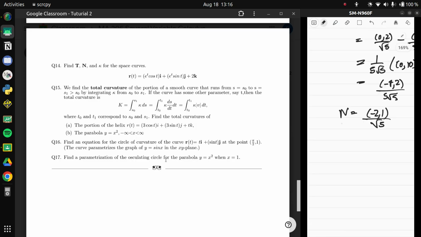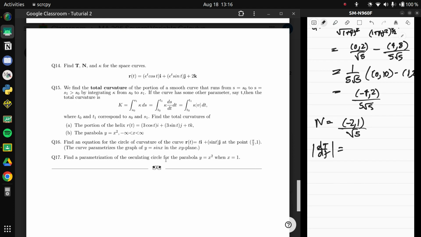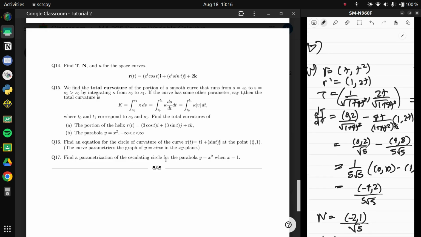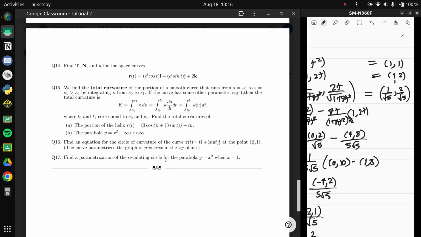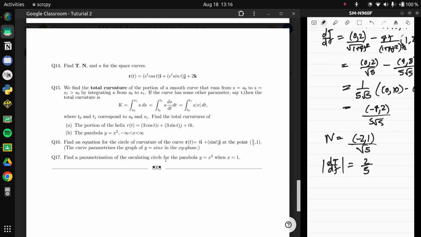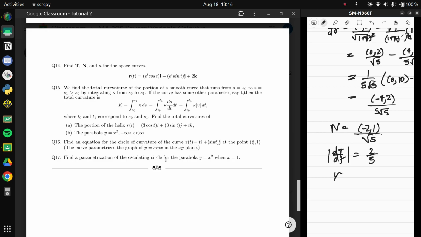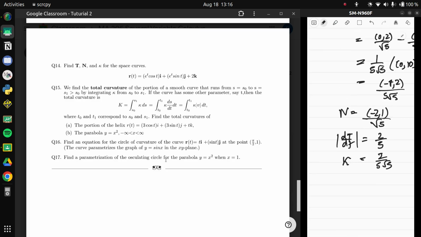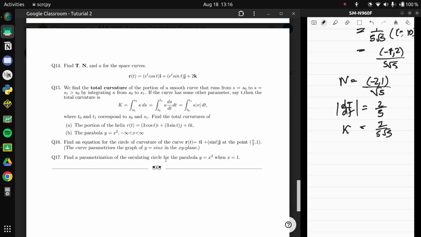So what is your magnitude of dT by dt? And that would just be 2 square root of 5 on all that, just 2 by 5. So 2 by 5, then upon the r dash thing, so once again just square root of 5 away. Yeah, that's the thing. Okay, cool.